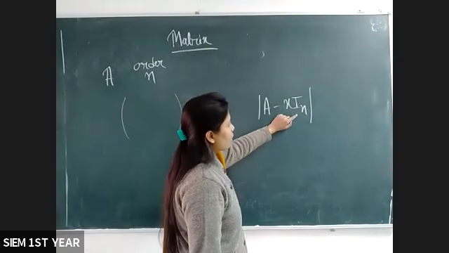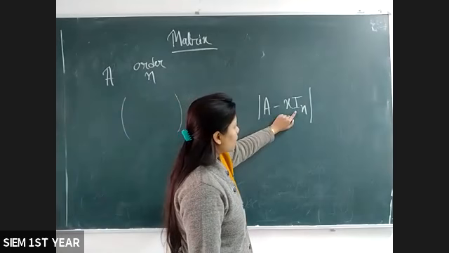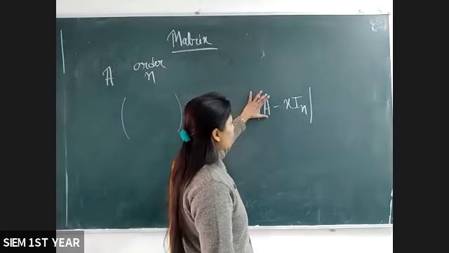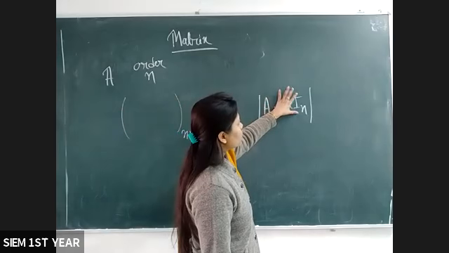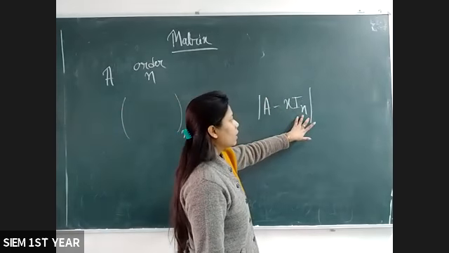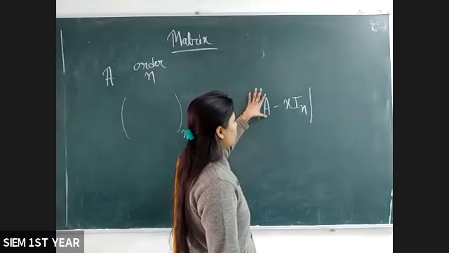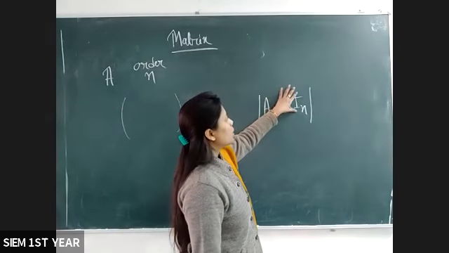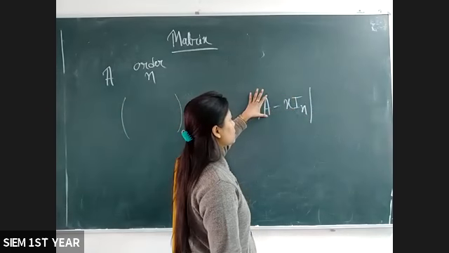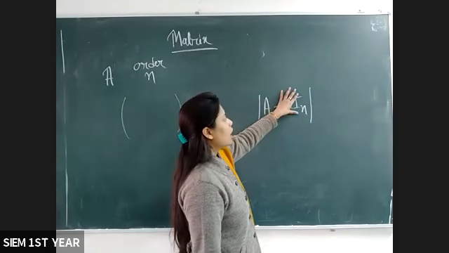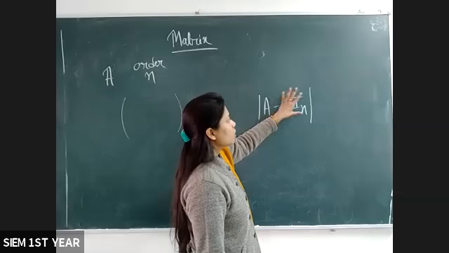You already know I represents the identity matrix. Since A is a square matrix of order n, we consider I as the matrix of order n. If A is of order 2, then I is the 2 by 2 identity matrix. If A is 3 by 3, then I is also 3 by 3.